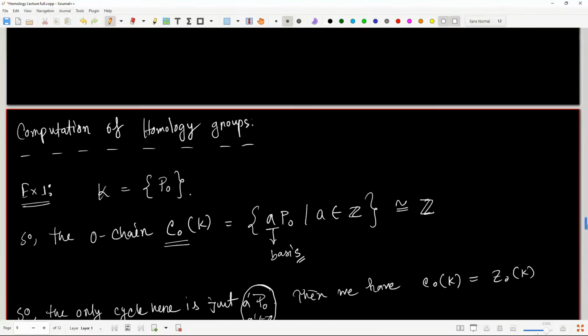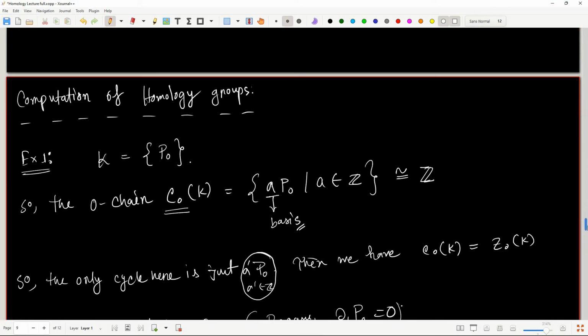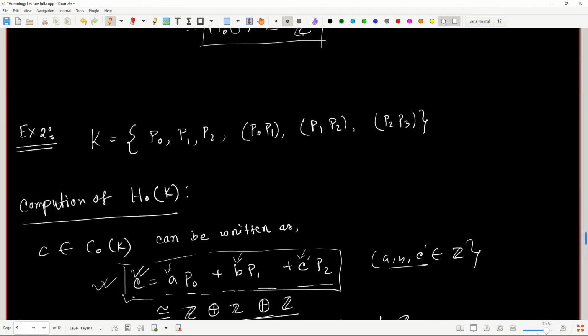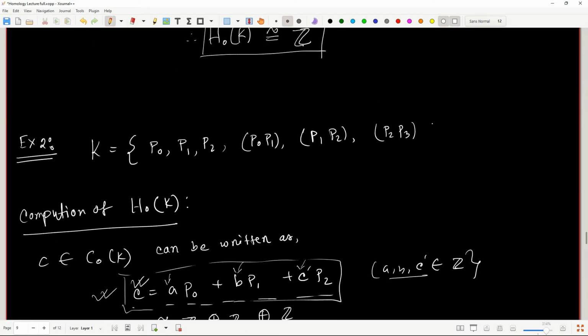Oh, I'm sorry, I think I missed a 2 simplex earlier. There should be another element, because this is supposed to give me a solid filled-in triangle, so it should contain p0 p1 p2. Sorry about that.